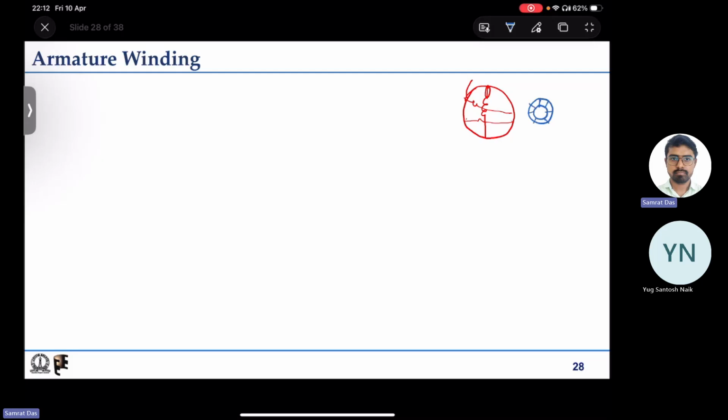This is a copper thing, and whatever lines I am drawing, these are insulation. So this entire portion is copper, and again this entire portion is copper, and these two segments of copper are insulated by some insulating material in between.